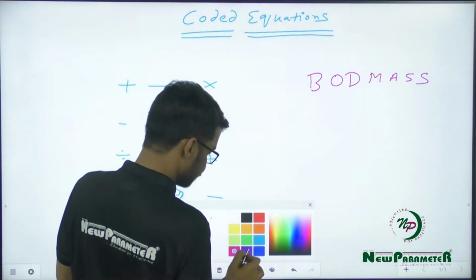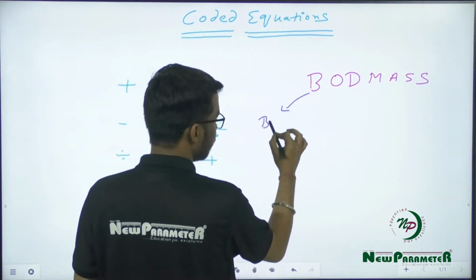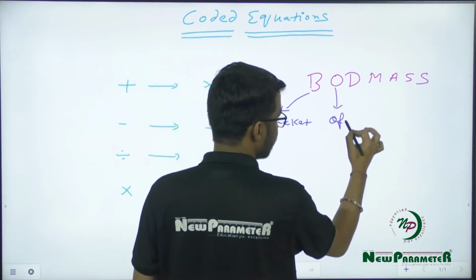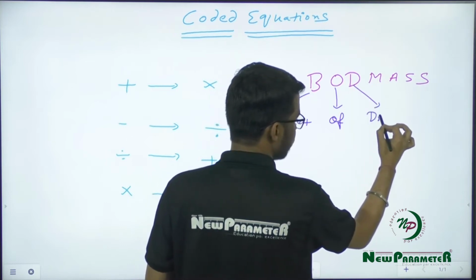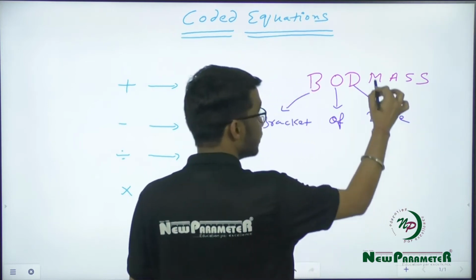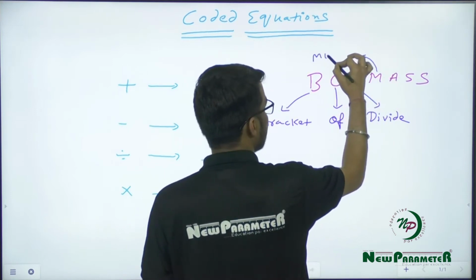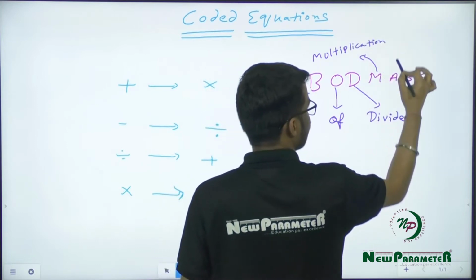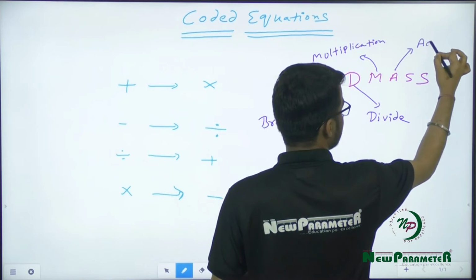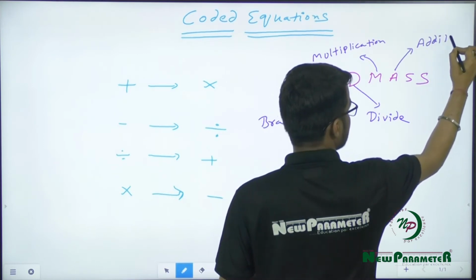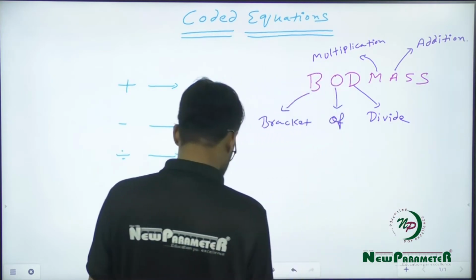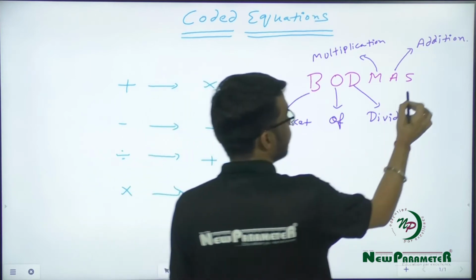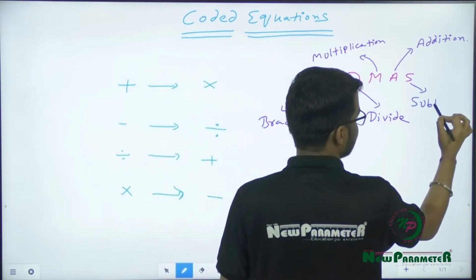B stands for bracket, O stands for of, D stands for divide or division, M stands for multiplication, A stands for addition, and S stands for subtraction.